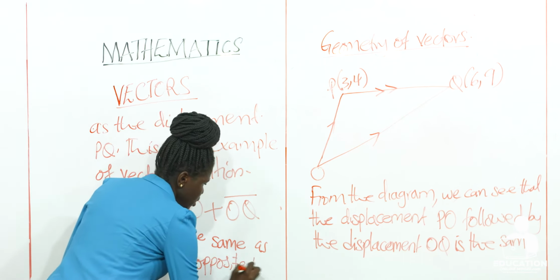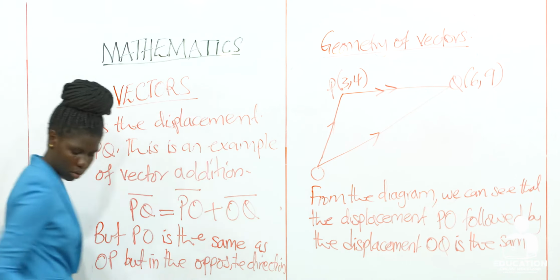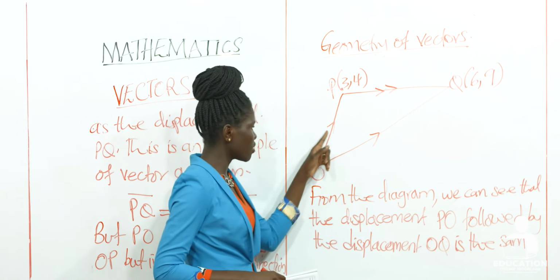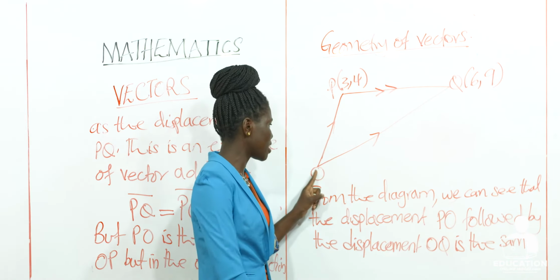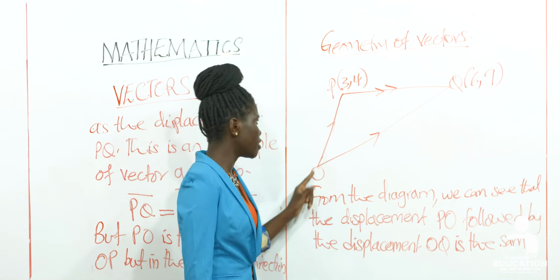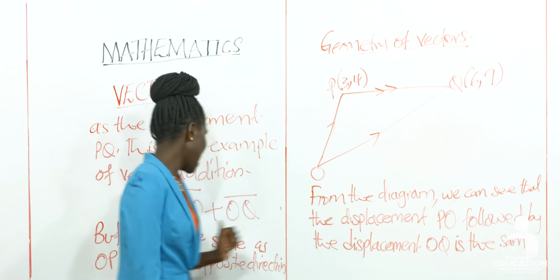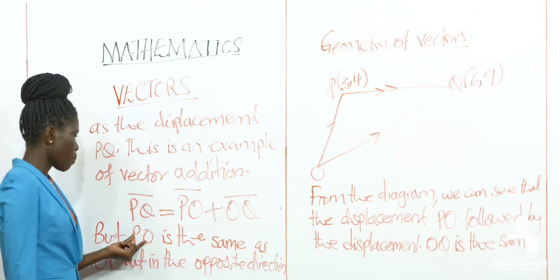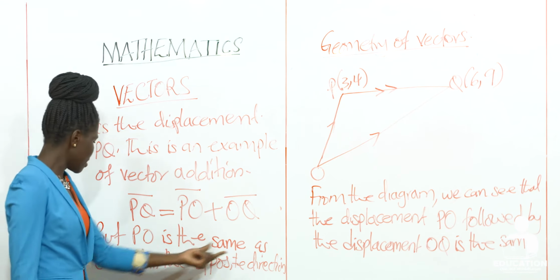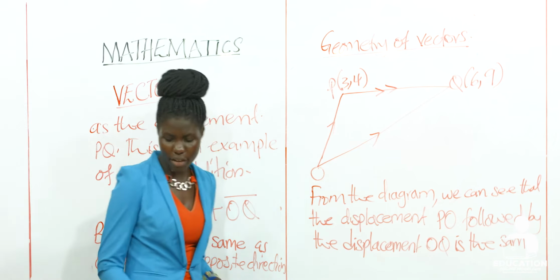For example, when you look at this arrow, it is simply telling us that the movement starts from the origin towards P. But if we talk of PO, it means we are moving in the reverse direction. So PO becomes the negative of OP. That's what we are saying. PO is the same as OP, but in the negative or the opposite direction.